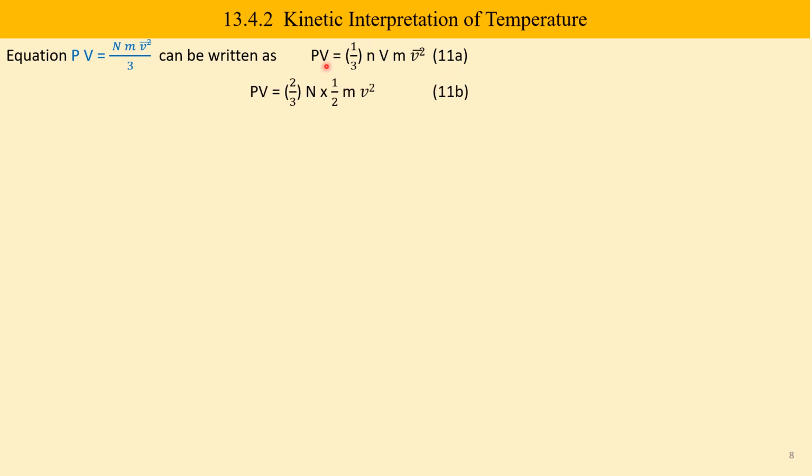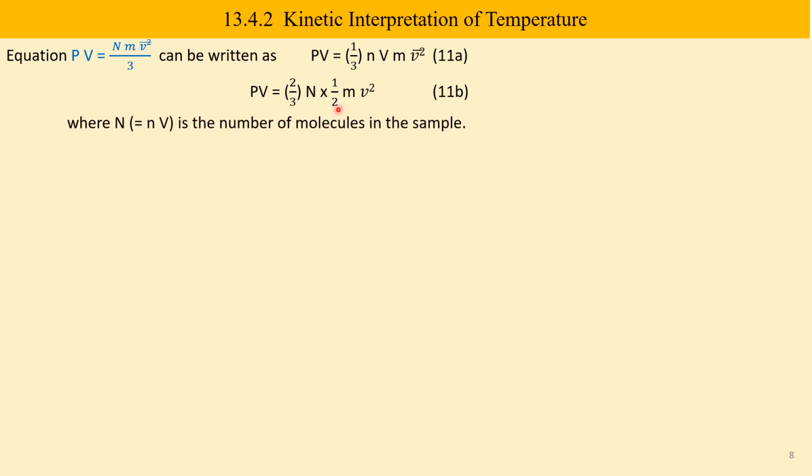That can be written as PV is equal to 2/3, since mv square is 2 times kinetic energy, or we can multiply and divide by 2. Therefore, 2 by 3 into capital N, into this term we will have half mv square. That is equation 11b. That is multiplying with 2 and dividing by 2, and all other items are same as this equation.